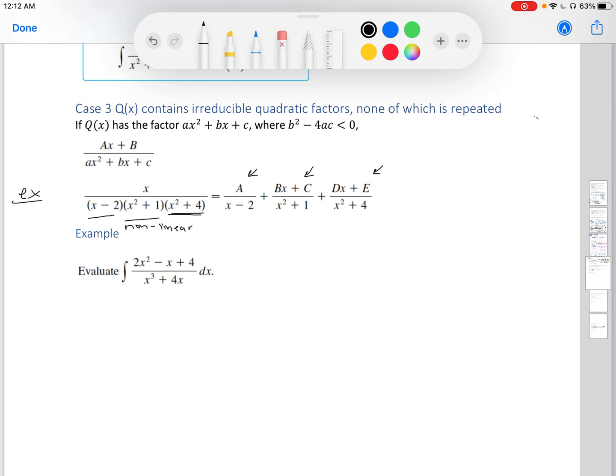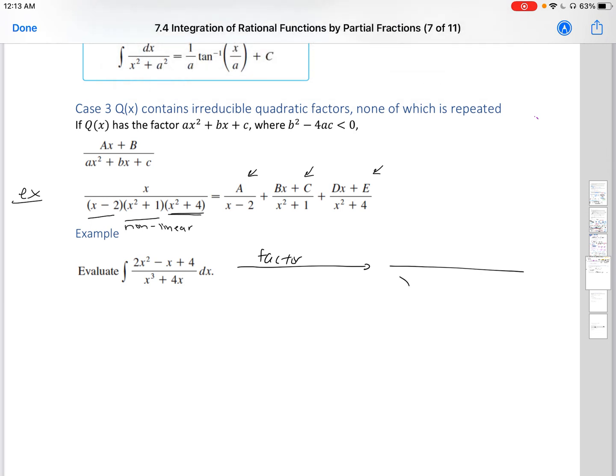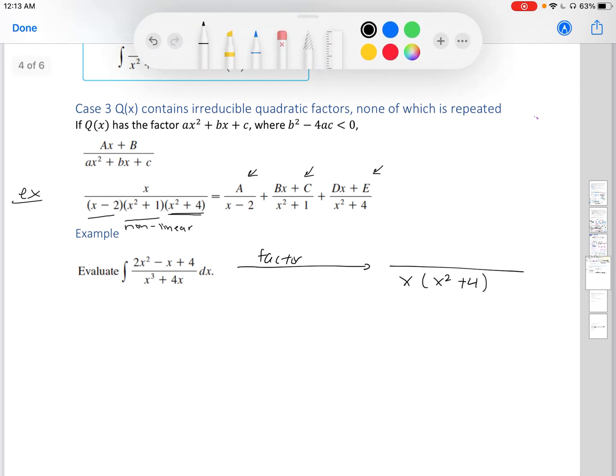So for our next example, we see that once we factor, our denominator will be x times x squared plus 4. We notice that we have one linear factor and one nonlinear.